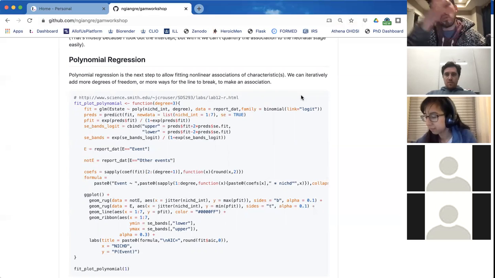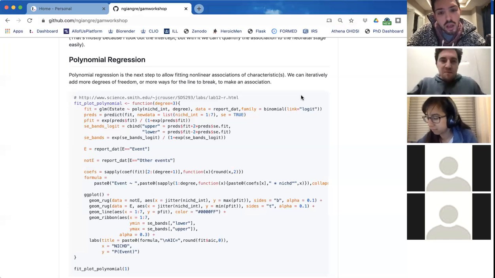Y equals x squared is like a parabola. Y equals x cubed is another shape. Those can be thought of as where the line breaks, and you have more breaking points. So that's what we're doing. We're going to iteratively make more breaking points in our line to hopefully improve the association with the binary event.